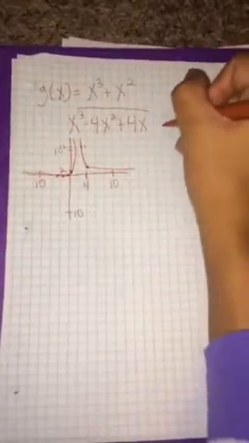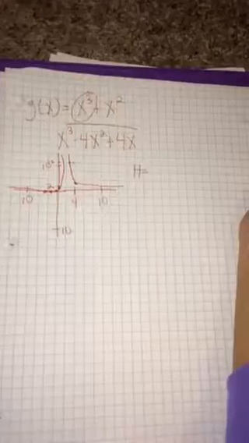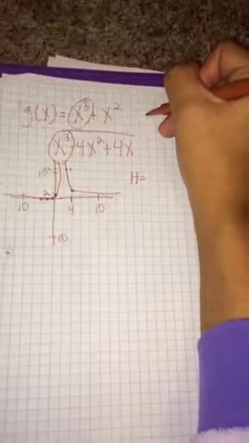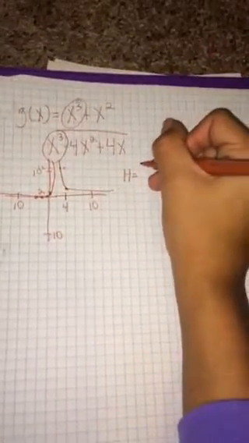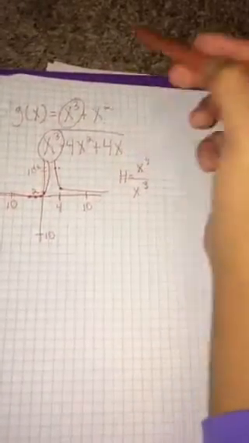So let's first start off with our horizontal asymptote, which we're going to represent with an H. Not just graphically, but mathematically, you can find the horizontal asymptote by simply taking the largest power from the top, which would be x cubed, and the largest power from the bottom, which would be x cubed as well. And you divide the biggest one on the top by the biggest one on the bottom.